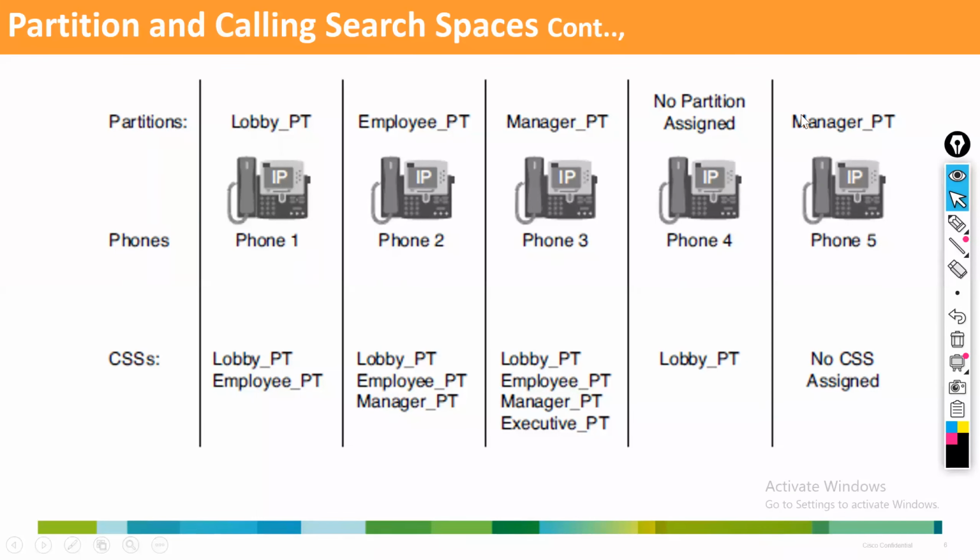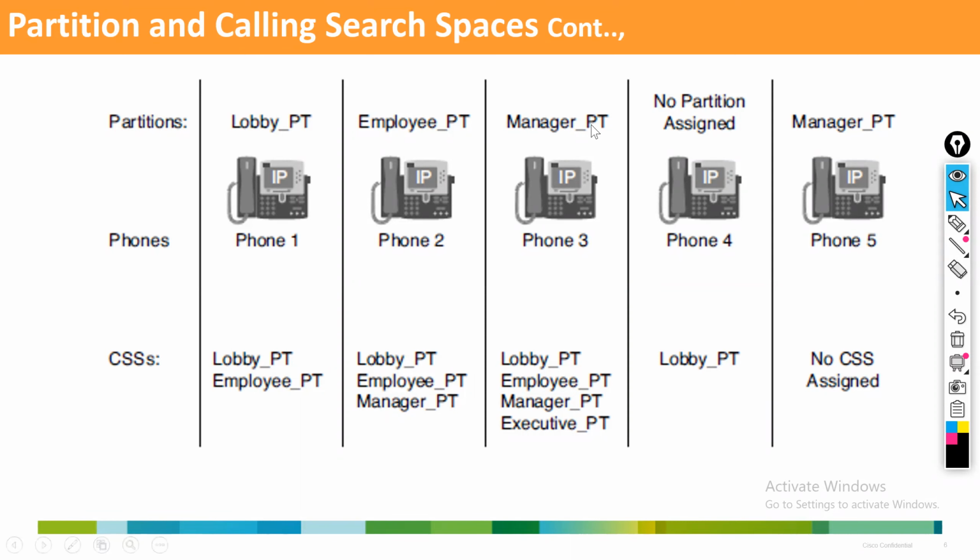So how many partitions do we have? 3. One is the lobby partition, the second is the employee partition, the third is the manager partition. Here also manager partition. So we have created 3 partitions: lobby, employee, and manager.